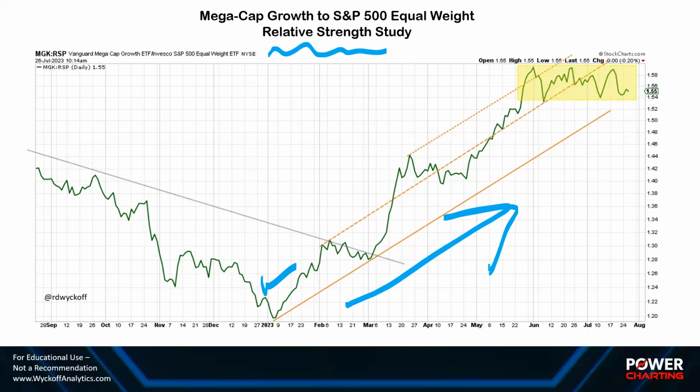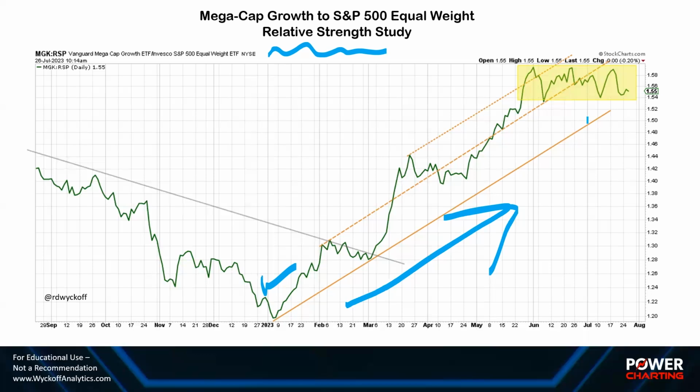Well, up here in this yellow shaded zone is where the S&P 500 equal weight has started to perform equally to the mega cap growth names as defined by the Vanguard Mega Cap Growth ETF, MGK. And they are now performing in parity with each other. So something is going on here.